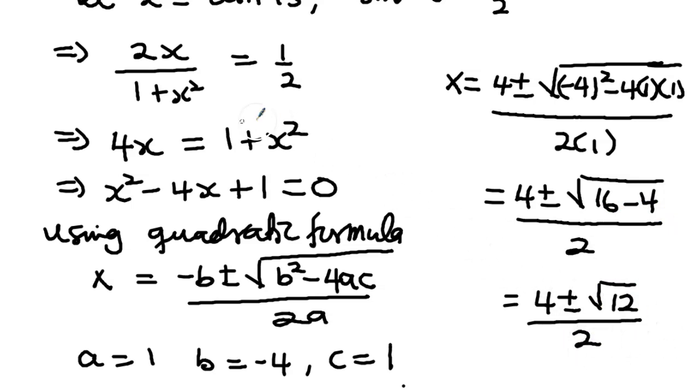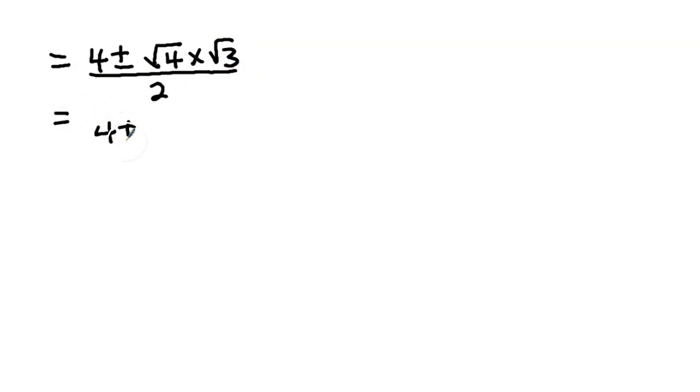And we were told to leave our answer in surd form. So we have 4 plus or minus root 12, which can be written as root 4 times root 3, on 2, which is 4 plus or minus root 4 is 2, so 2 root 3 on 2, and we can divide each term by 2.